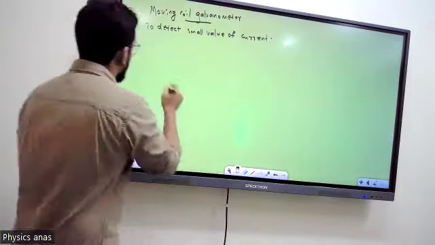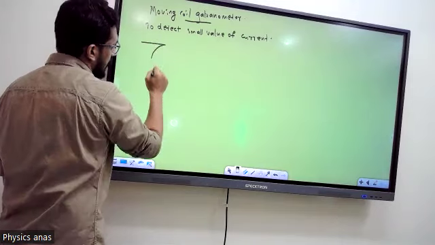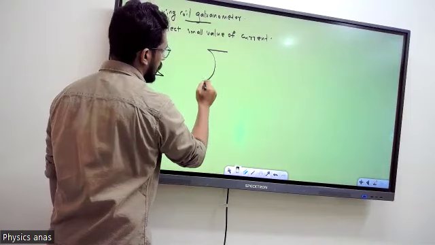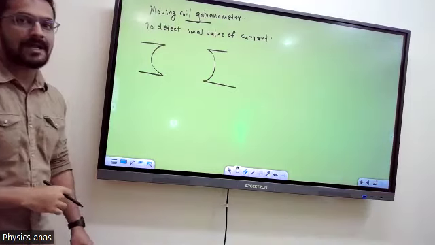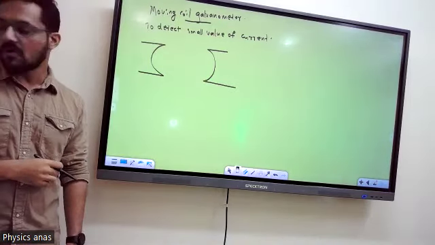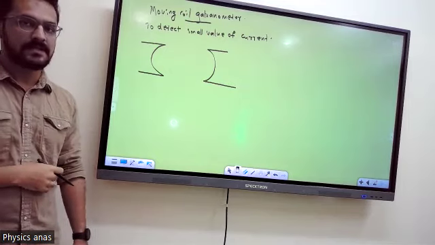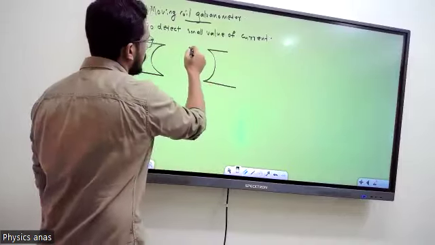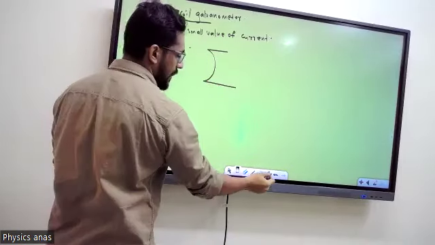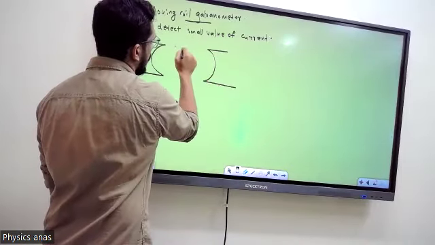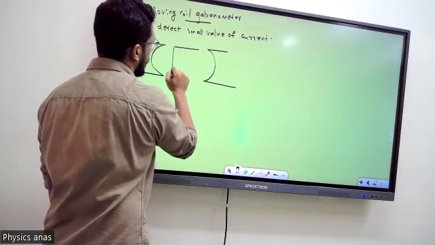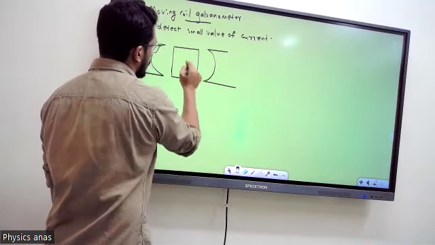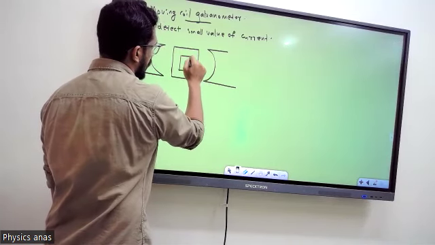Okay? We are using concave shaped permanent magnets here. And what does the coil look like? I will simplify the coil like this. This is a coil.